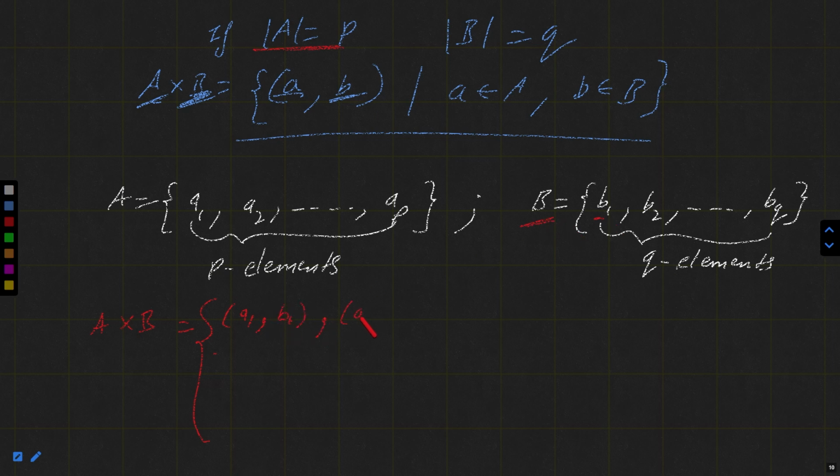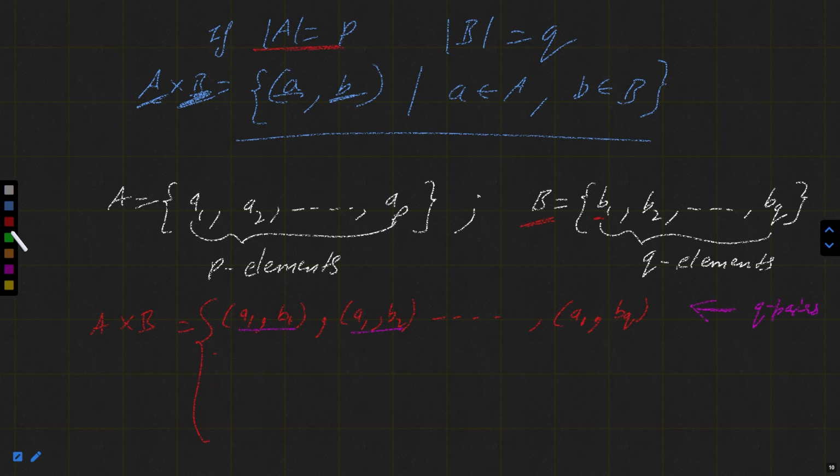I can also write A1 with B2, until A1 with BQ. So how many elements have I got in this single row? 1, 2 till BQ. So Q elements. Sorry, Q pairs.